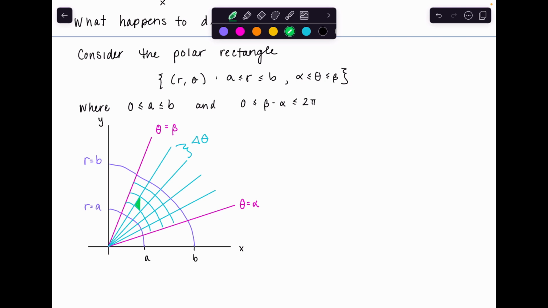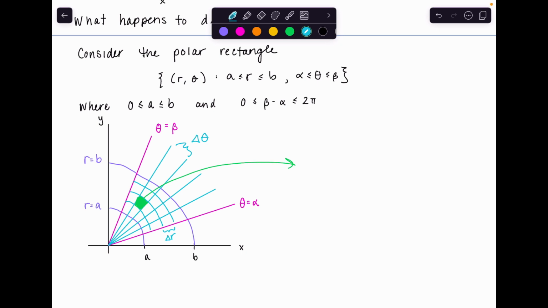And I'm going to take a deeper dive into one of these, which is some random piece on here. So we're going to see, what does this look like? Okay. So we've got delta R, and then we've got delta theta, and then we have delta R here. Okay.